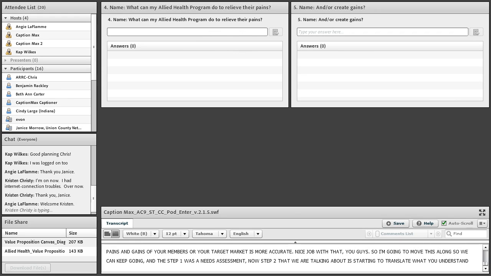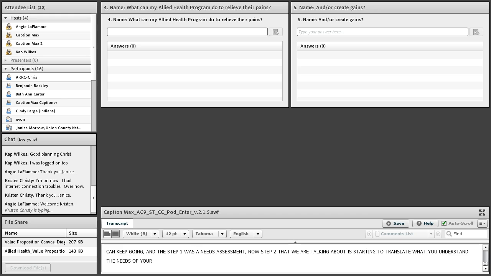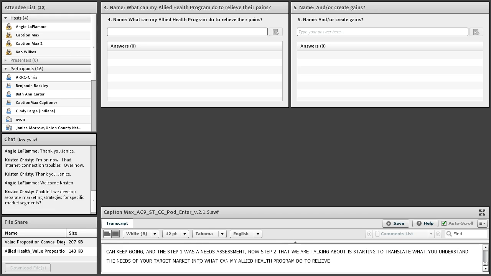So I'm going to move us along so that we keep going. Step one was the needs assessment. Now step two is starting to translate what you understand the needs of your target market into what my allied health program can do to relieve the pains or create those gains. Pains are on the left, gains on the right.